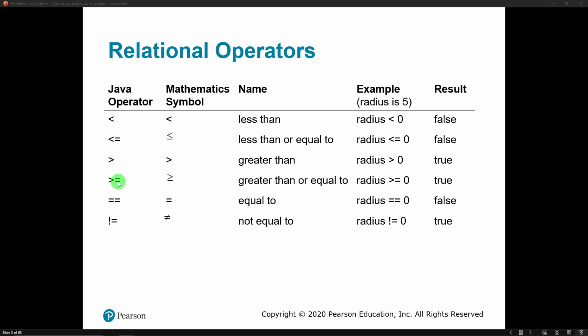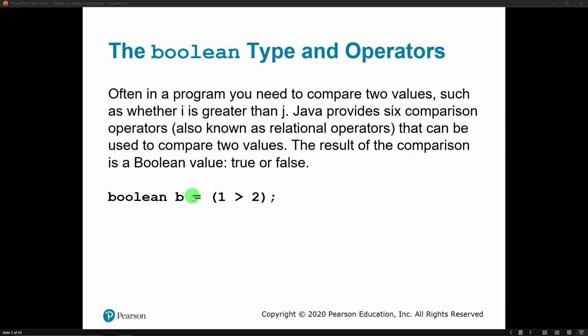Greater than or equal to, we use a greater than sign followed by an equal. And then here's the one that people forget that can cause some bugs sometimes: equals. Remember I just said on the last slide, let me go back there, this was the assignment operator, right? We're going to compare these two, and equals assigns it to b. So if we want to compare two things to see if they're equal, we can't use the equal sign because the equal sign is already taken. We use it for the assignment operator.